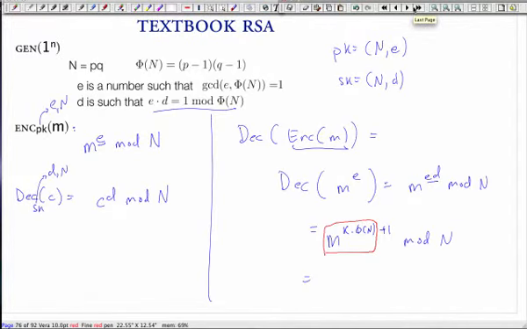Look up there. A to the phi of n is equal to 1 mod n. So what is this right here?